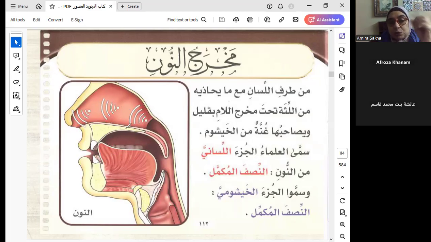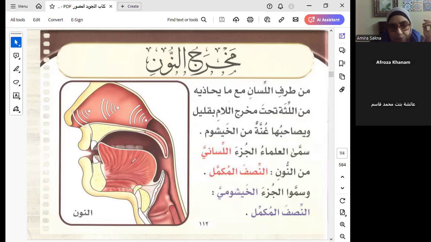Regarding ikhfa, it applies to the letters that remain after the 6 letters of izhar, the letters of idgham or merging, and the ba of iqlab or flipping. With the rest, we apply ikhfa, or hiding. The noon will be hiding. How?